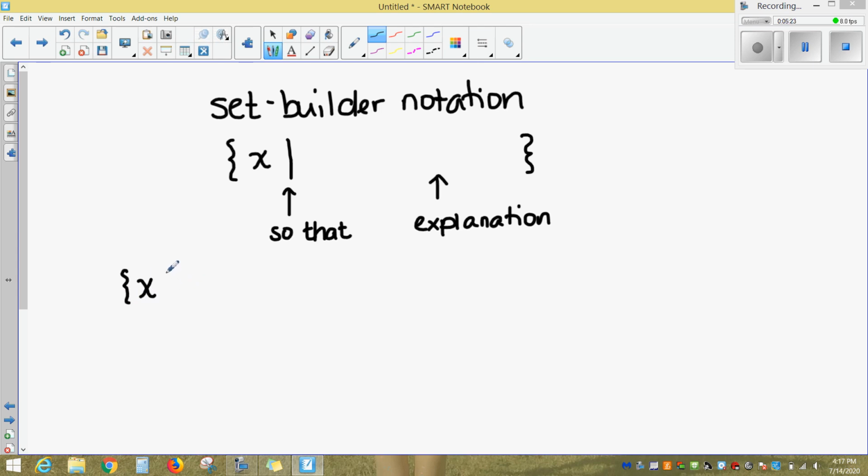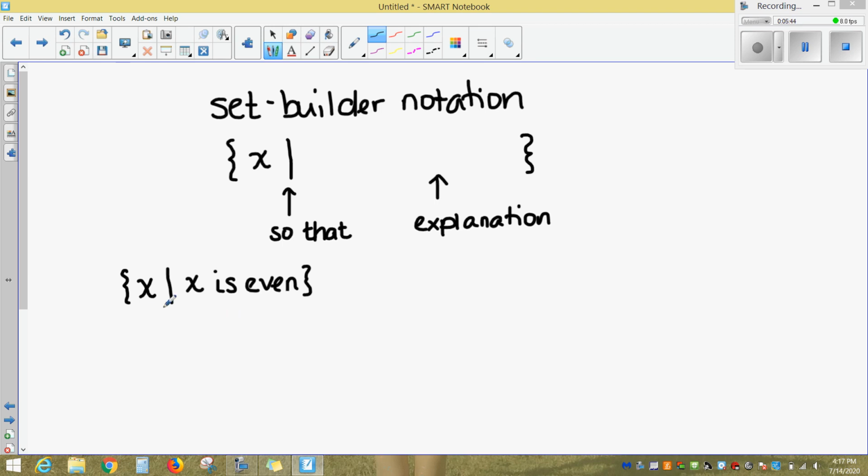So we can say, let's talk about the set of all numbers x so that x is even. My explanation here would be in words, and then if someone wanted to start making a list, they could say, well, I'm talking about 2, 4, 6, 8, 10, and so on, or 0, or -2, -4, -6.